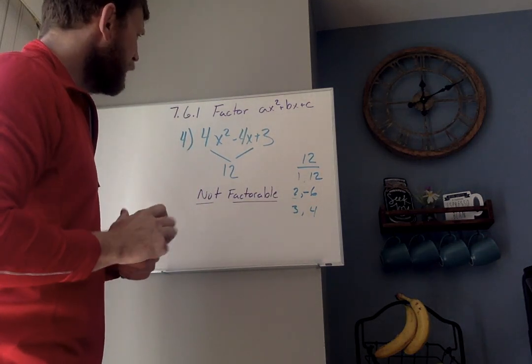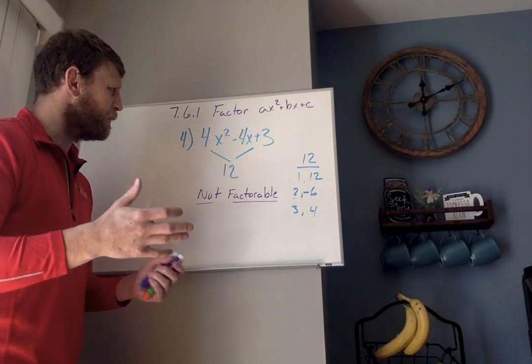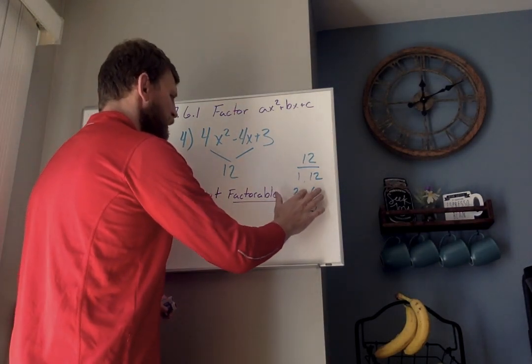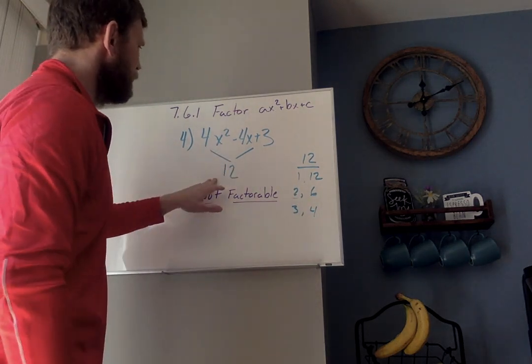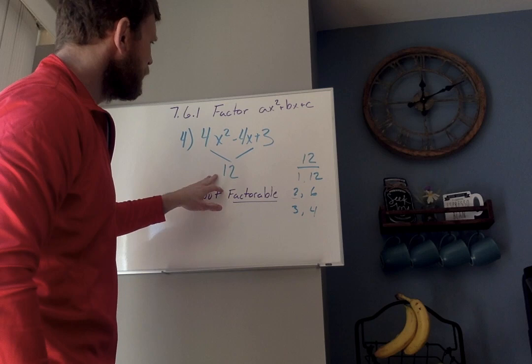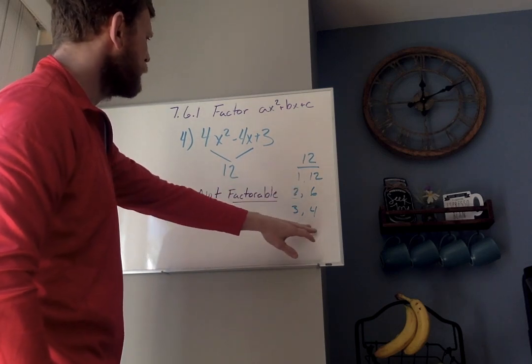Okay, just kind of doing this on the fly. Not sure if I'm 100% right, but I'm gonna kind of go through and see. Okay, 4 times 3 is 12. I'm checking my work here. All right, I'm gonna write my factors of 12: 1 and 12, 2 and 6, 3 and 4.